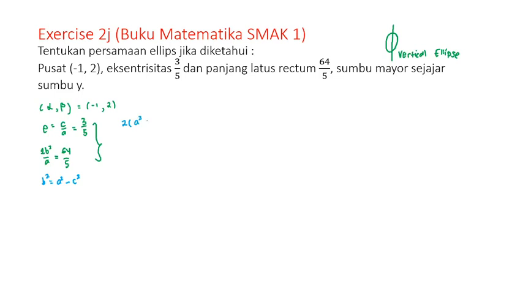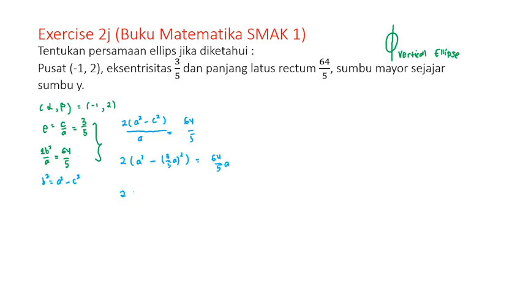So I have a squared minus c squared over a is 64 over 5. Next, I need to substitute c. c is 3 over 5a. So I have a squared minus 3 over 5a squared, multiply a to the left, to the right, I have 64 over 5a.